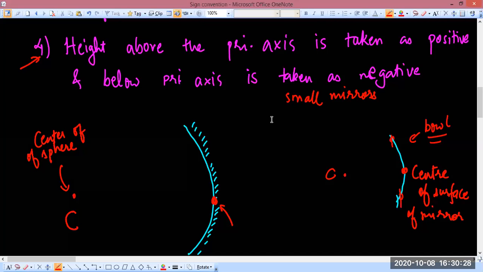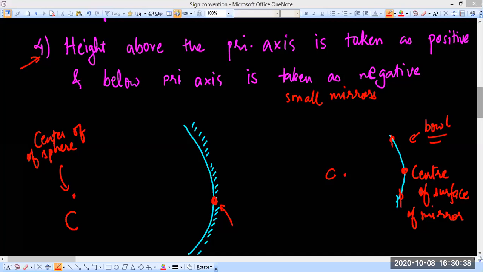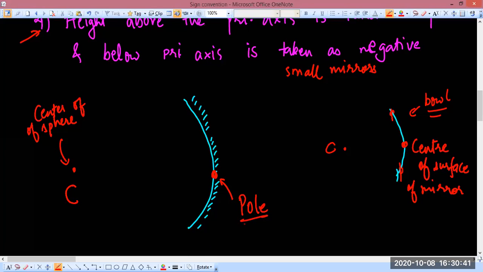We are not talking about plane mirrors. Right now we are talking about curved mirrors. Okay, right? So this point is called pole. This point is called pole. Okay, and this point C that I've written, pole has symbol P. I haven't drawn it properly, it should come a bit up, somewhere here. But I'm sure you understood that, right? So this point is called P, pole.